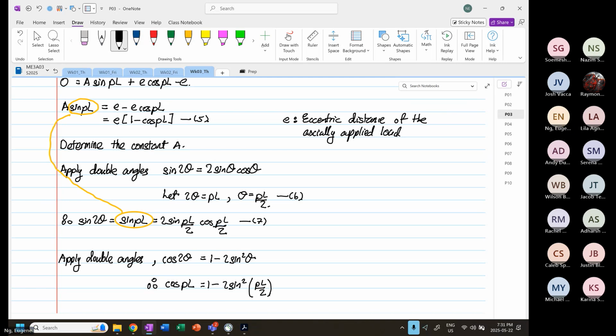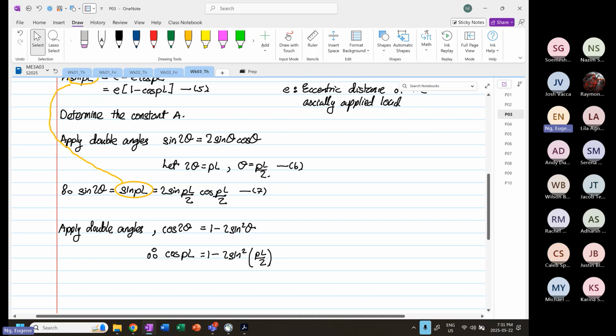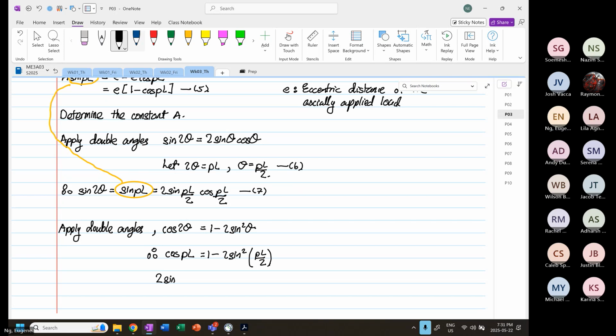Now we're going to slightly rearrange this. So we have 2 sine squared pL over 2, and this is equal to 1 minus cos pL. So this is our equation number 8.